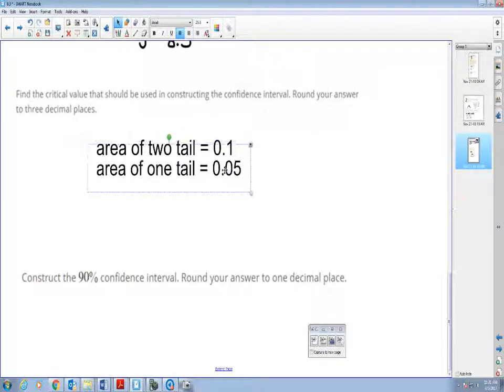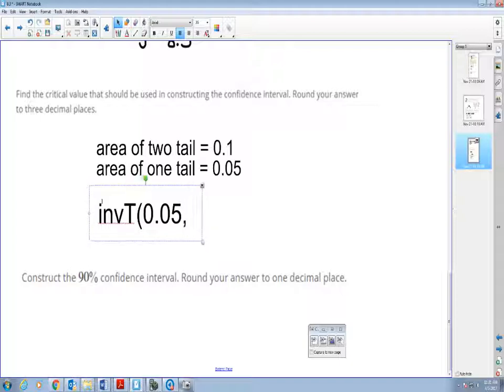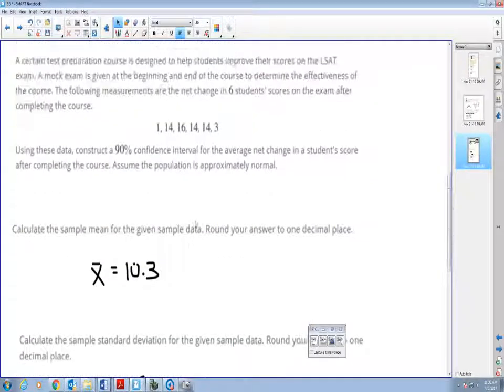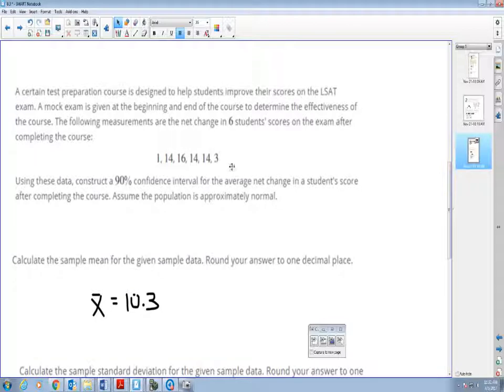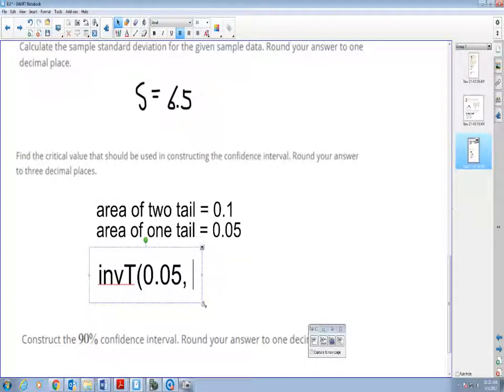So I can use inverse t, typing the area to the left of my t, comma, degrees of freedom. You have to be very careful: degrees of freedom here is n minus 1, so 6 samples minus 1. Degrees of freedom is 5.